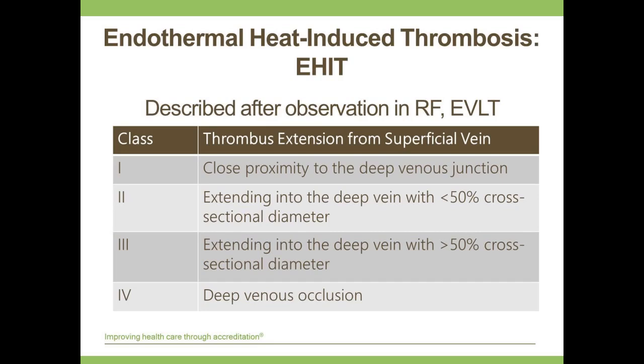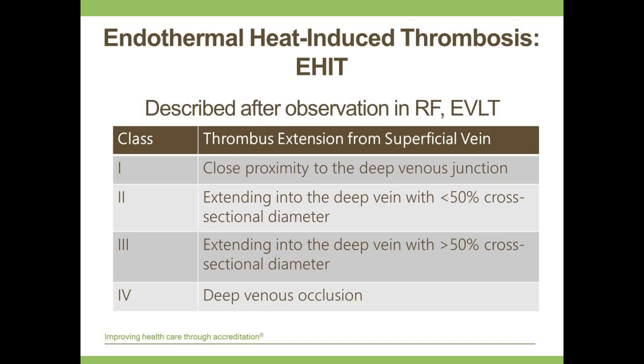It is divided into 4 categories, and these categories directly correlate with the treatments as well as the outcome of these complications. Class 1 EHIT is when thrombus extends to the junction between the saphenous and the common femoral vein. Class 2 is when there's thrombus that extends into the deep vein with less than 50% cross-sectional diameter.